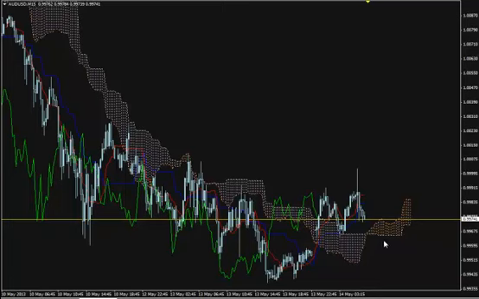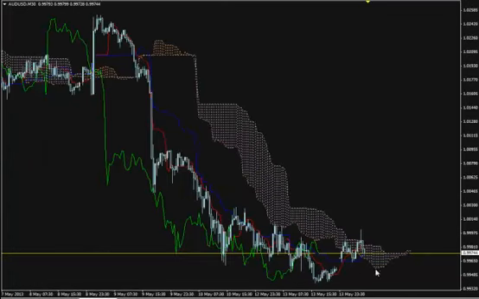We will see the same picture, a totally bearish picture, on the M30 chart. Here is the M30 chart. We started having a small bullish leading Kumo here.